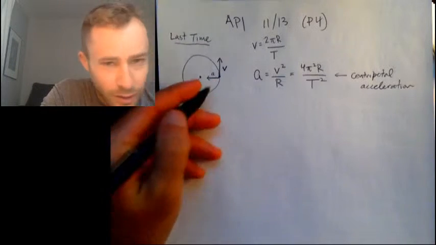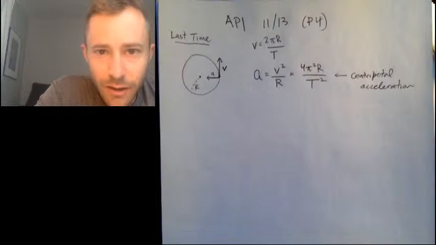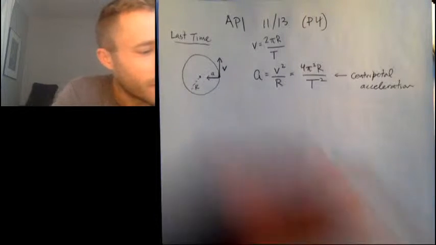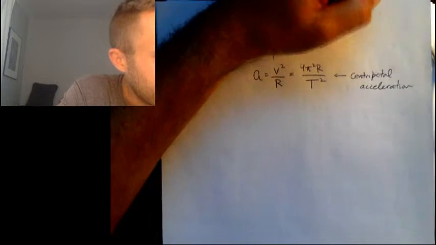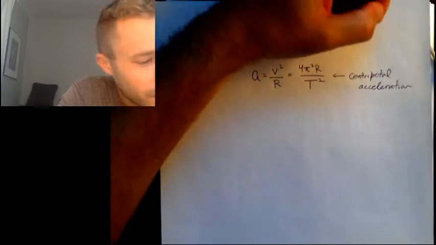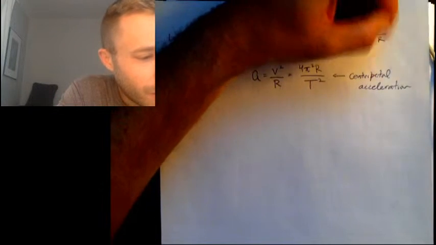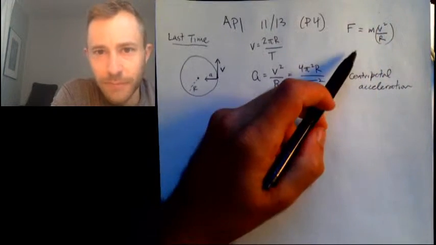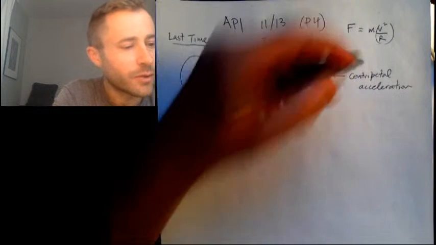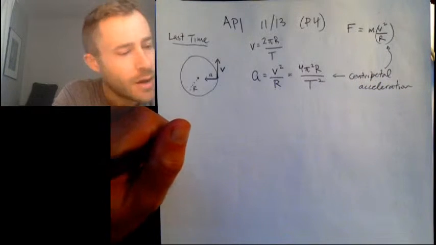Now, because you are accelerating, Newton's second law is still valid if you are moving in a circle. So F equals ma, but for the acceleration, we plug in the centripetal acceleration, goes into the right-hand side of Newton's second law.